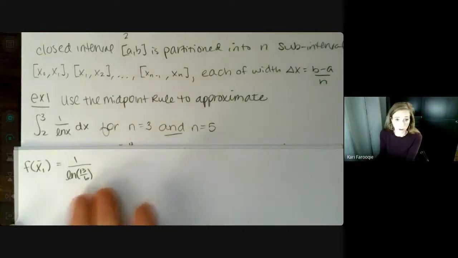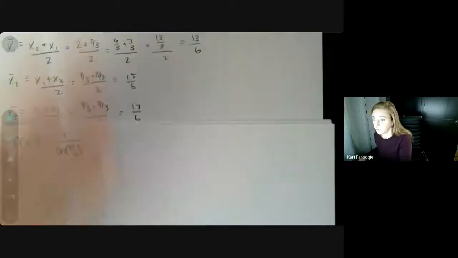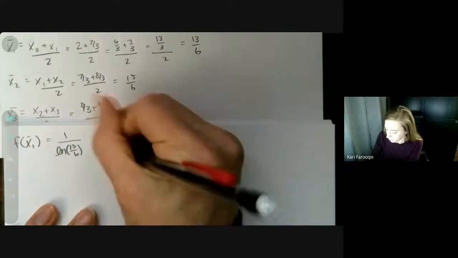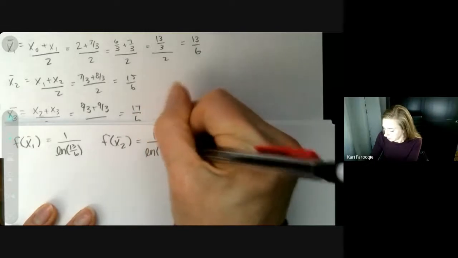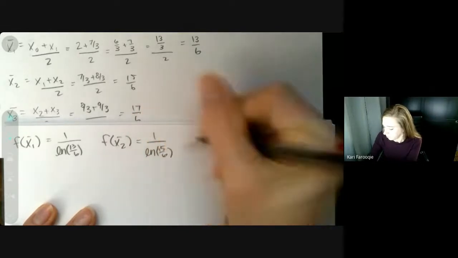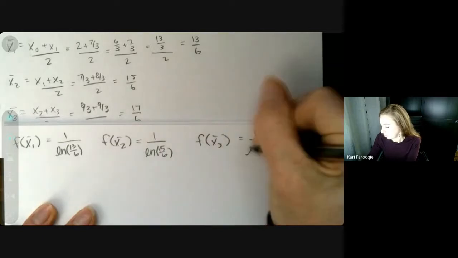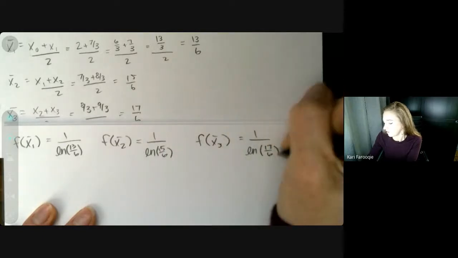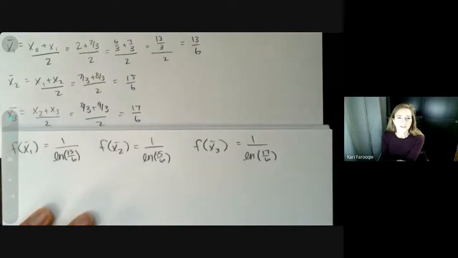This is basically going to go straight into our formula. So I'm really just outlining the pieces that are going into the formula at this point. f of x sub 2 bar is going to be 1 over ln 15/6. And then f of x sub 3 bar is going to be 1 over ln 17/6.